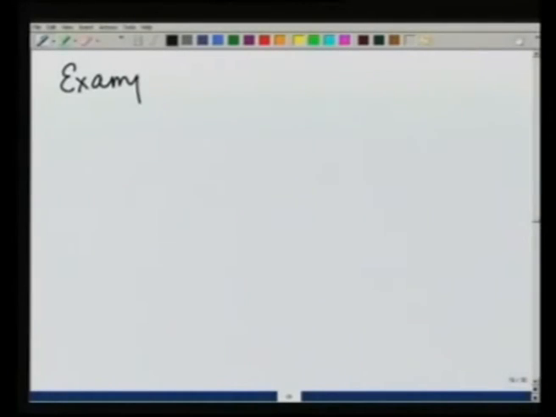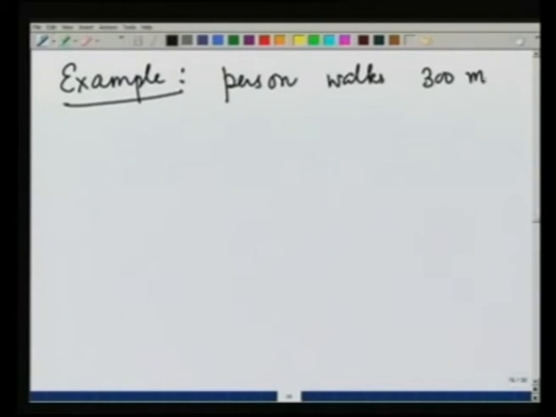So, example 1, suppose there is a person who walks 300 meters to the east and then 400 meters to the north.